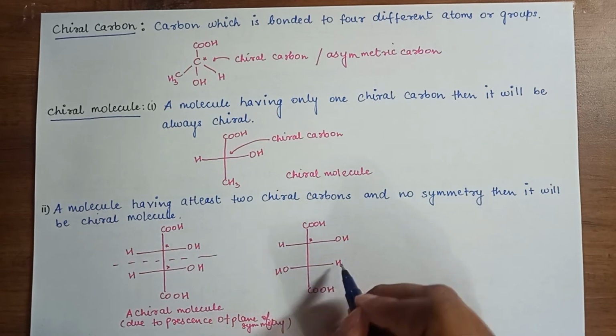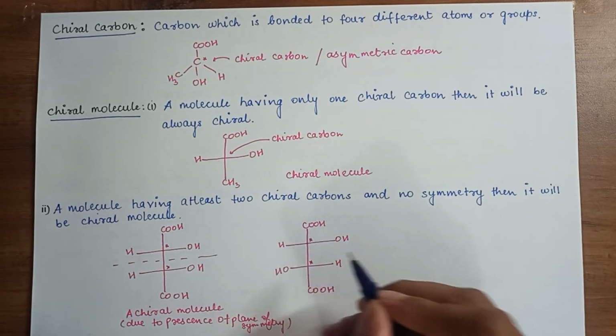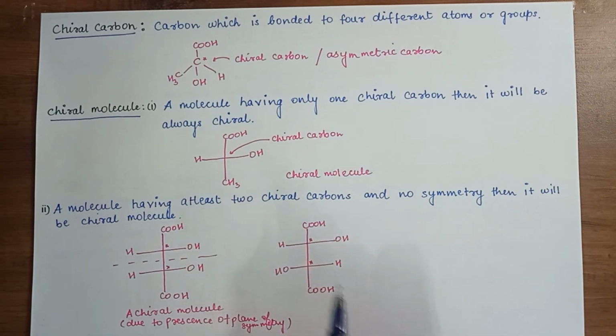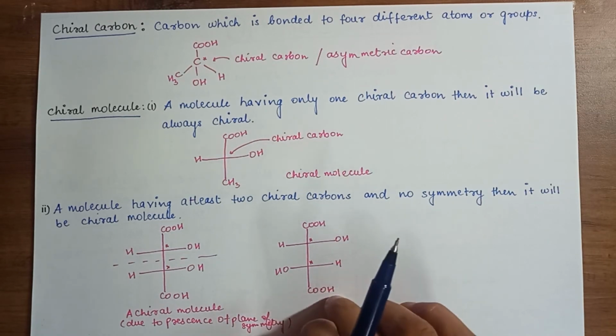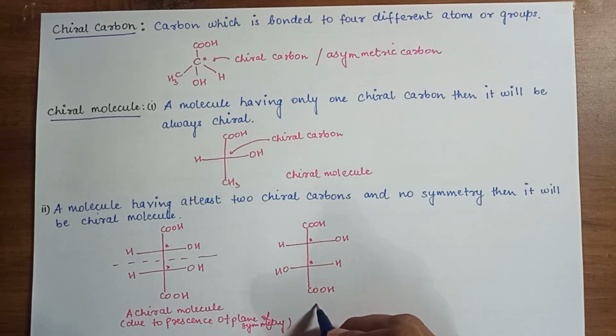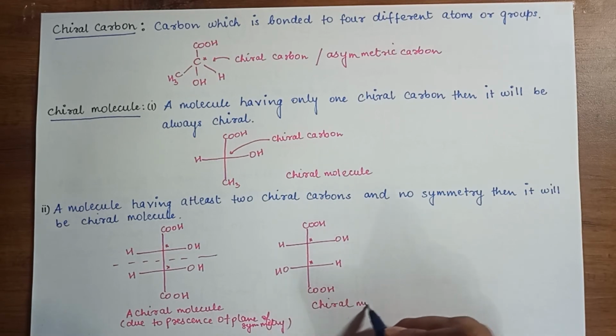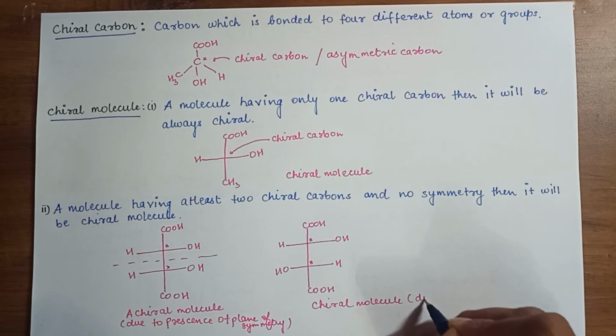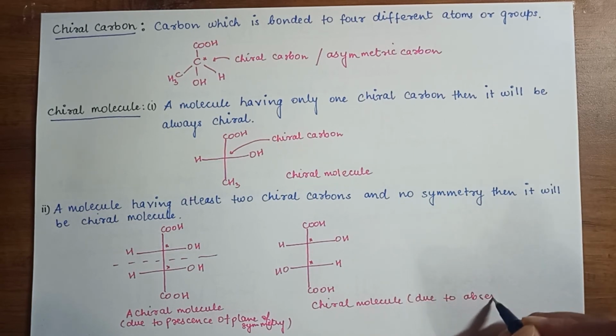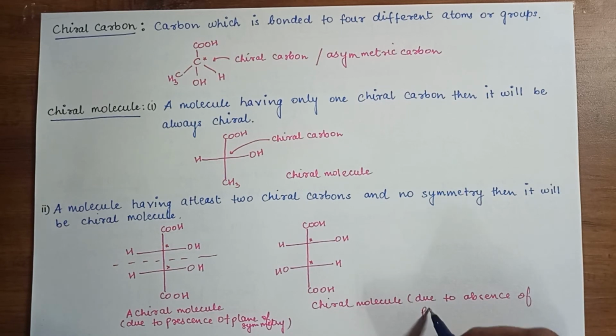So it has chiral carbons, but in this molecule there is no plane of symmetry, and the absence of a plane of symmetry makes this molecule a chiral molecule. So if a plane of symmetry is present, it will be achiral. If a plane of symmetry is absent, it will be chiral.